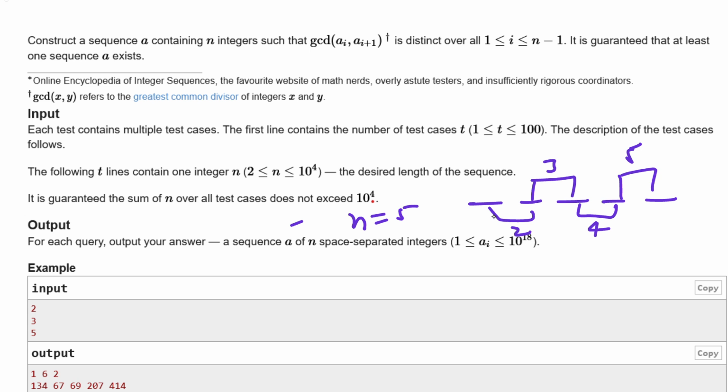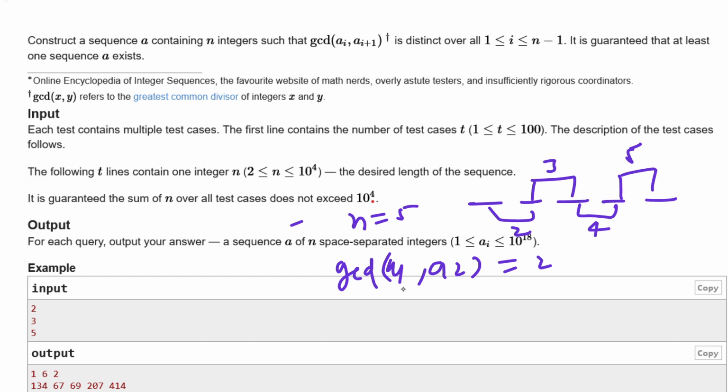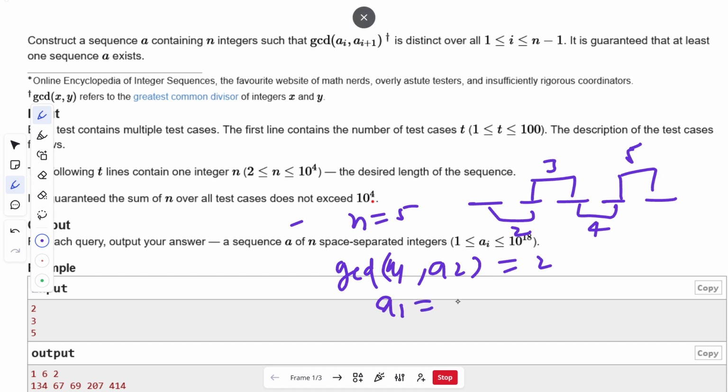So how can we make the GCD of A1 and A2 equal to 2? The GCD of A1 and A2 is 2 when A1 and A2 have 2 in common. So if we represent A1 by 1 into 2 and A2 by 2 into 3, then the common element between these two is 2.